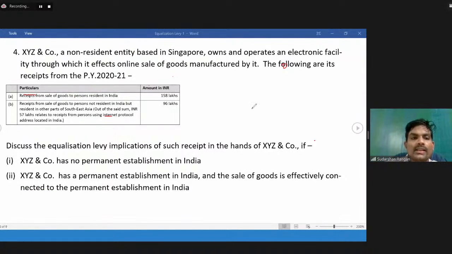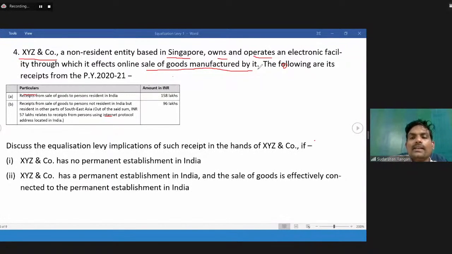The question is: XYZ company, a non-resident entity, based in Singapore, owns and operates an electronic facility. You don't worry, in the exam they'll give you all these details. So XYZ is a non-resident e-commerce operator because it effects online sale of goods manufactured by it.